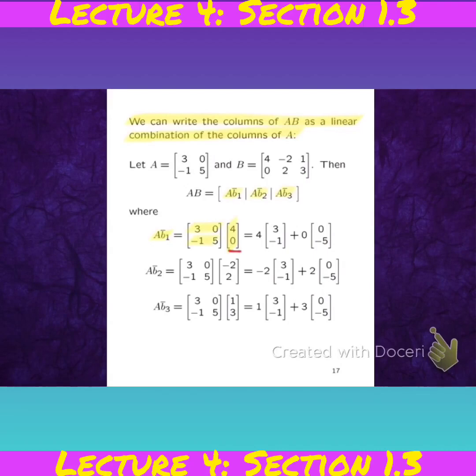Then we showed that that is a linear combination of the actual columns of A, and the coefficients come from this particular column vector. And the same story holds true for this one here. Again, by the previous theorem, you can express that as a linear combination of the column vectors of A, and the coefficients come from there.